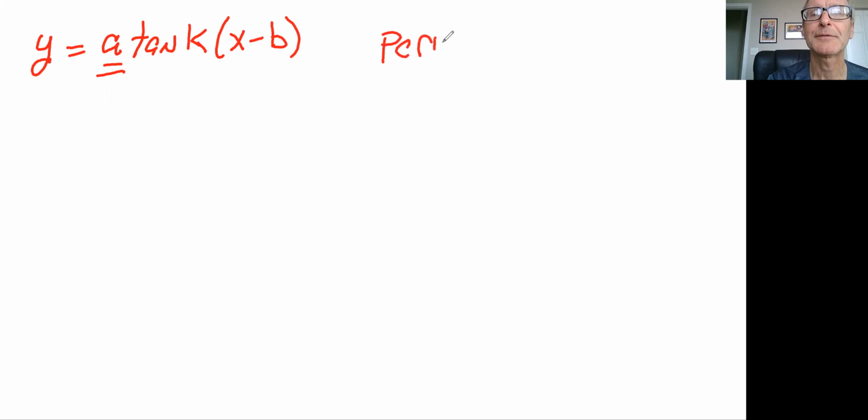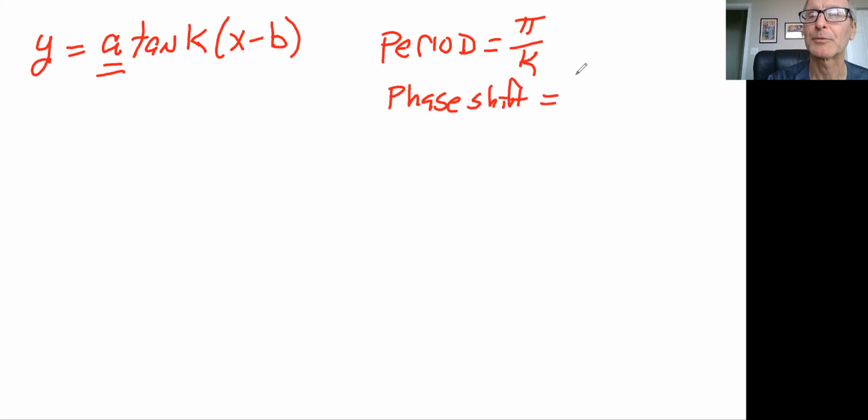And the period is defined with tangent and cotangent as pi divided by K. And the phase shift will be equal to B.